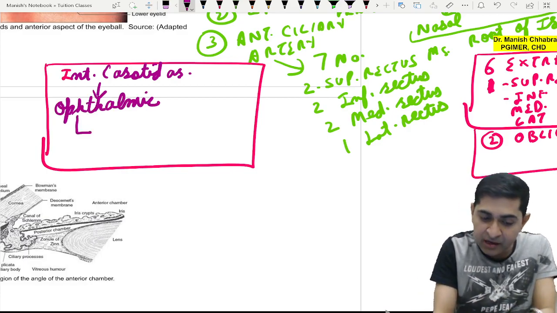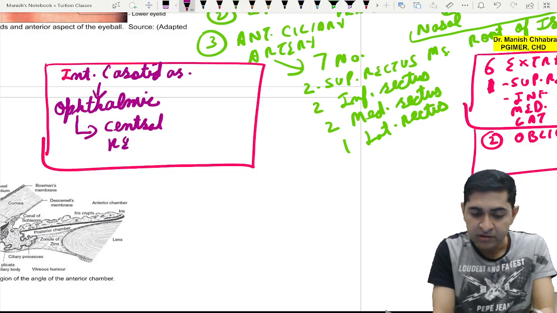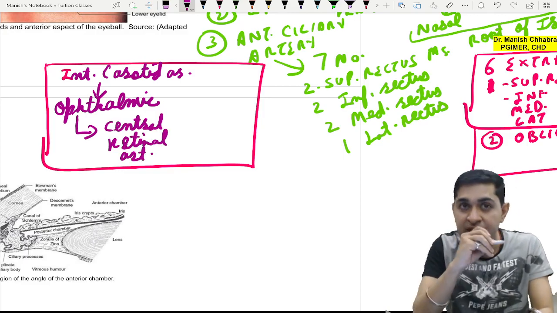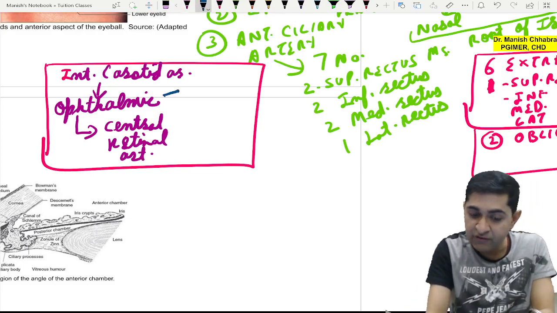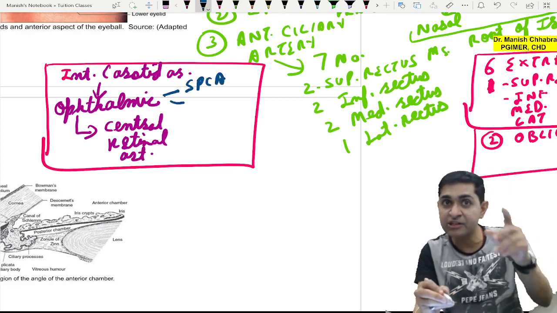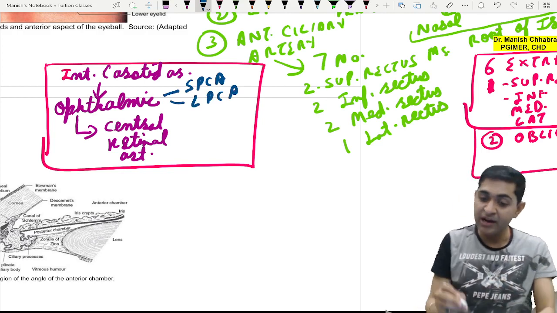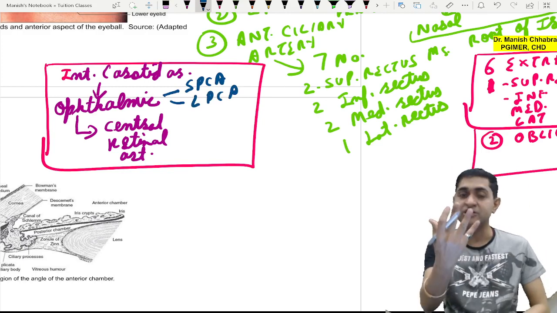And the ophthalmic artery was forming the central retinal artery. Also, the ophthalmic artery gave a branch to the short posterior ciliary artery. These are branches of the ophthalmic artery only, along with the long posterior ciliary artery, while the anterior ciliary arteries arise from the muscles.